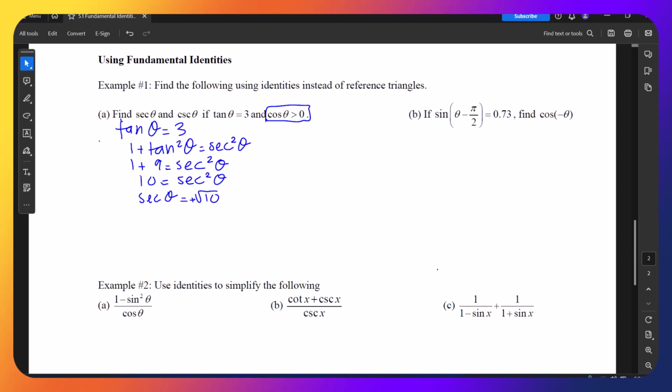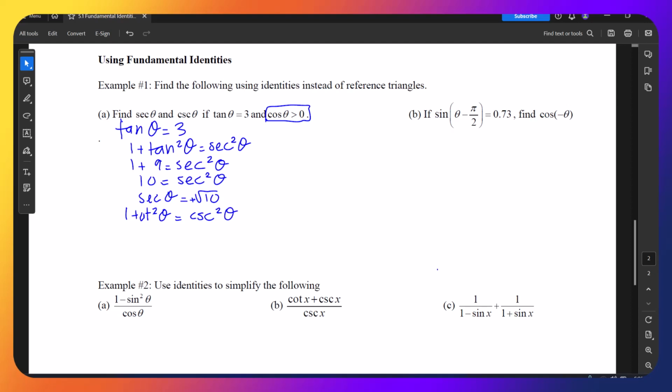Okay, now that we've found secant, we're going to go ahead and find cosecant of theta. We do know that cosecant is linked to cotan using the identity 1 plus cotan squared of theta equals cosecant squared of theta.